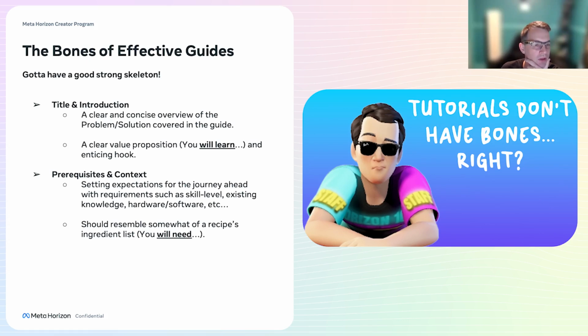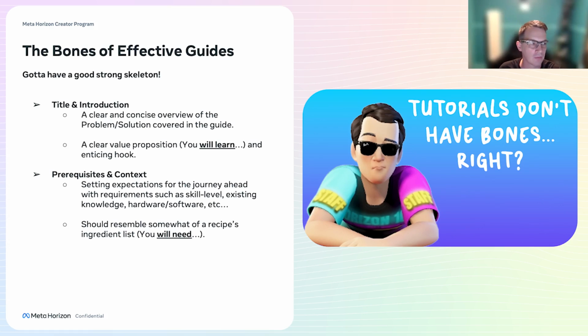And then the prerequisites and the context. So setting expectations for the journey as far as the skills that might be needed or the tools that might be needed. And then the context should resemble somewhat of a recipe ingredients list, the things that you will need. So for prerequisites, like I said, we just want to ensure the reader is prepared to prevent frustration. So you'll list software, assets, required knowledge.